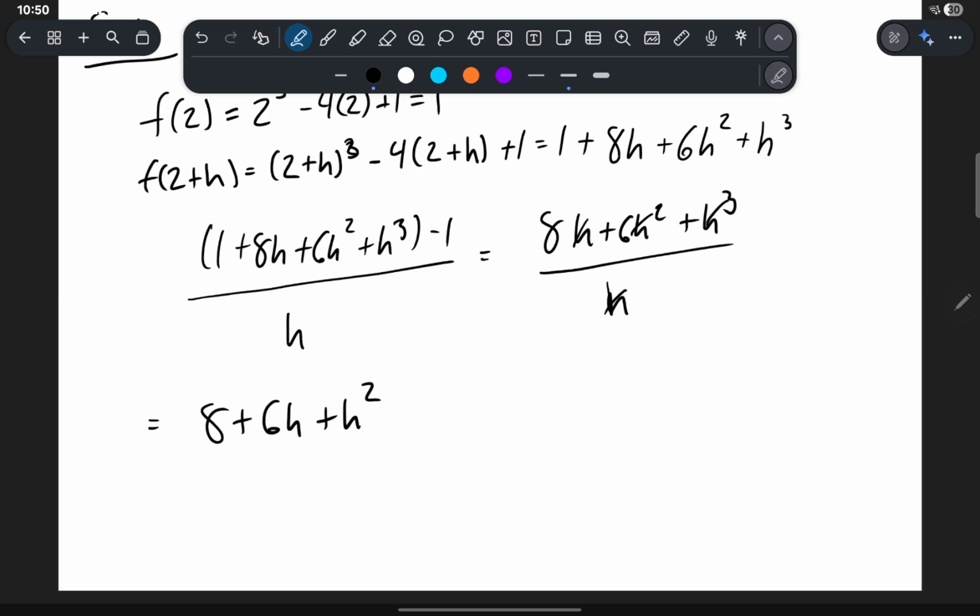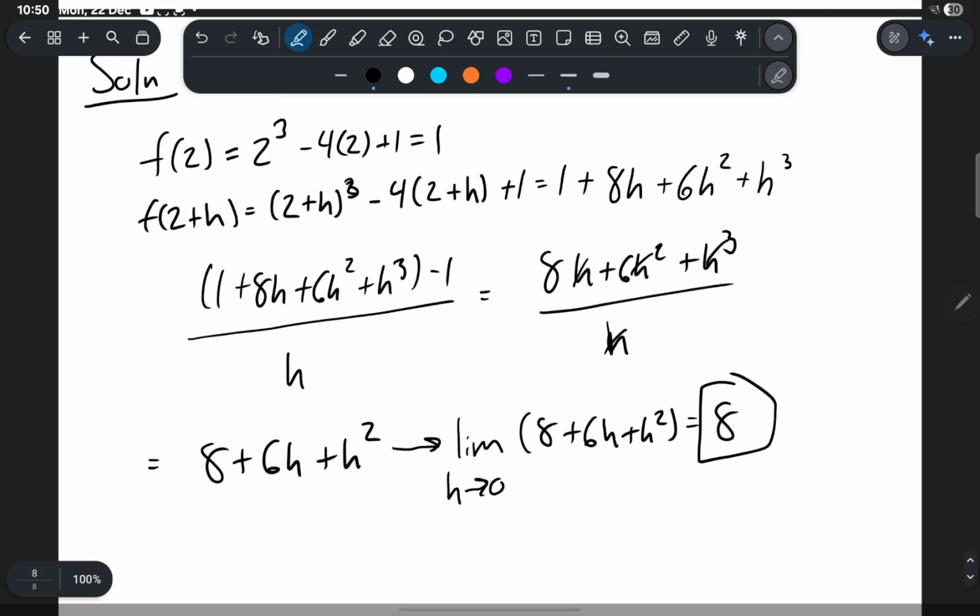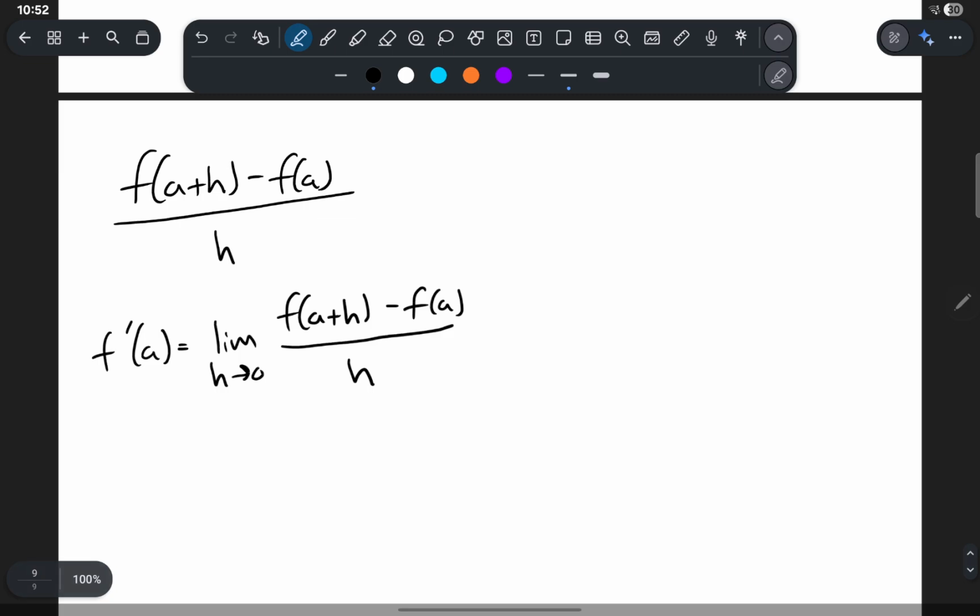So now we're left with the limit as h approaches 0 of 8 plus 6h plus h squared. It simply becomes 8. And that is how you solve an instantaneous rate of change problem.